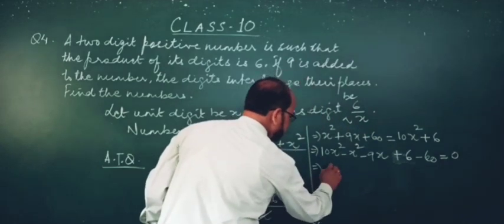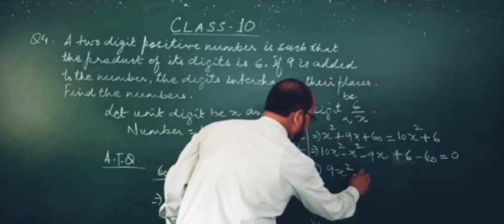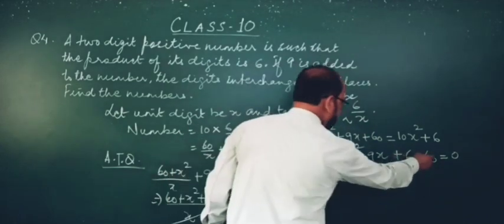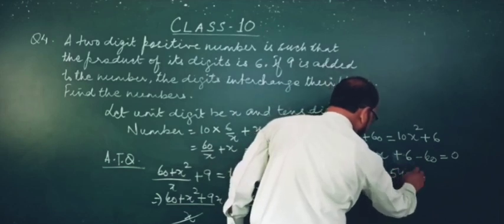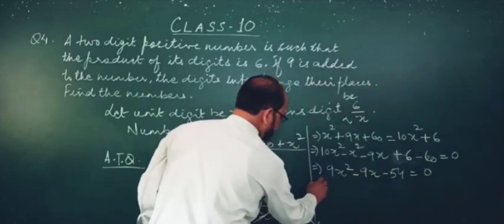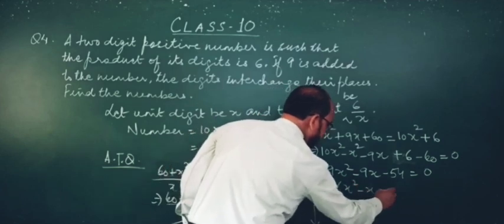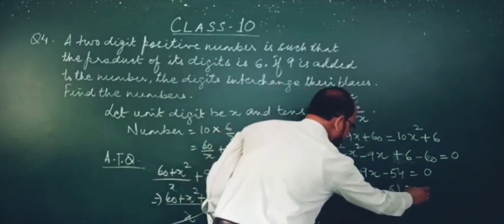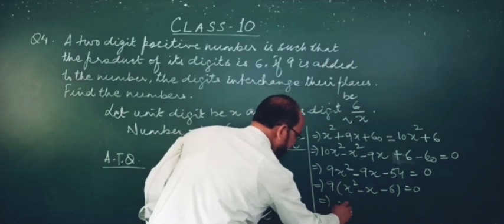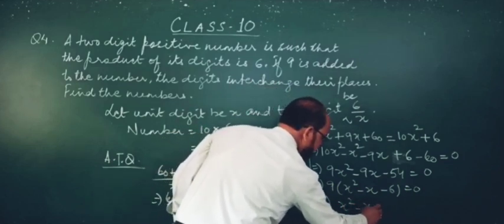So this is 9x square minus 9x, and here we get minus 54 equals 0. Now you can see 9 is common, so take 9 common. It will be x square minus x minus 6 equals 0. 9 will go to that side and be divided into 0, which gives 0.